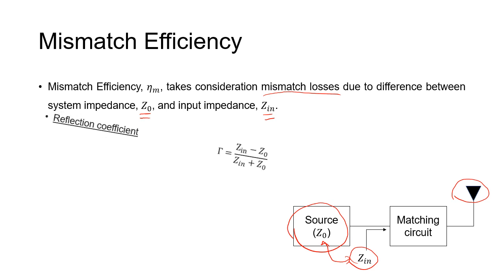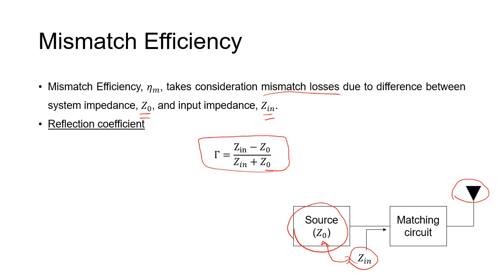First, this will be translated into what's called the reflection coefficient, which is calculated using this equation here. Since this is just impedance, in order to see it in terms of power, we need to square it. So the magnitude of gamma squared is just the losses. If we subtract it from 1, we will get our efficiency.